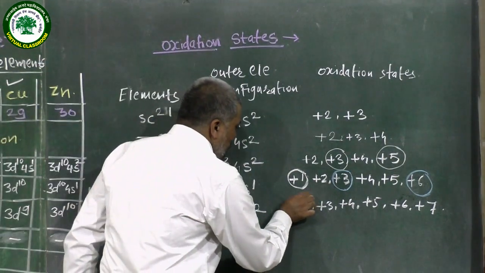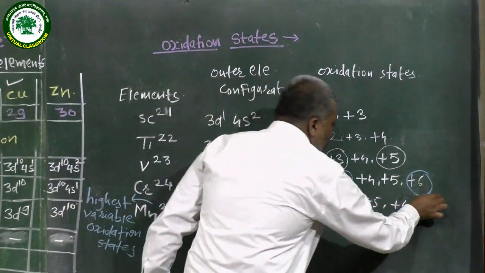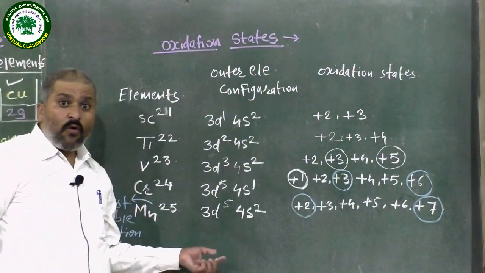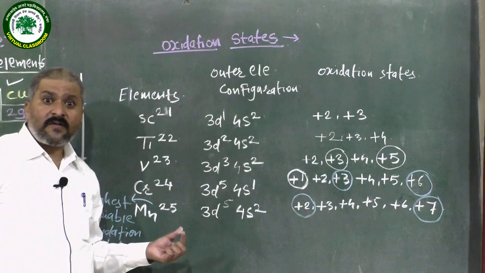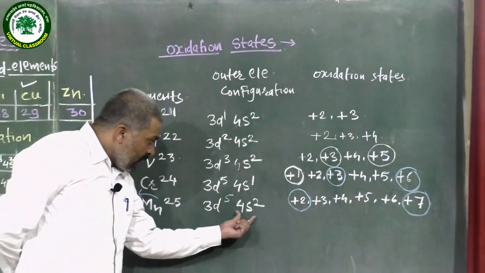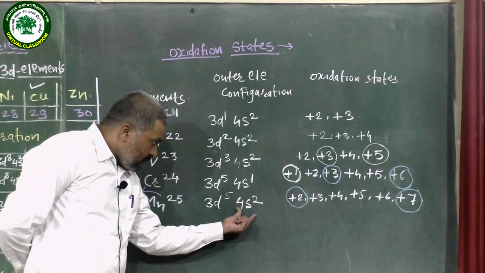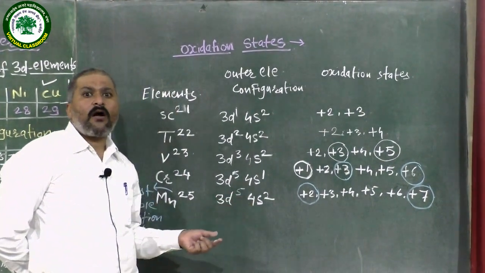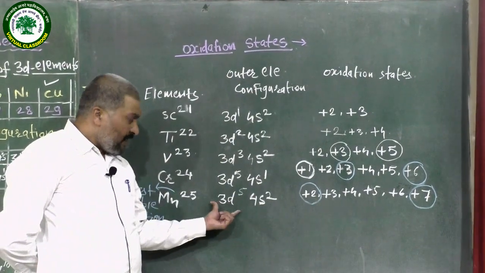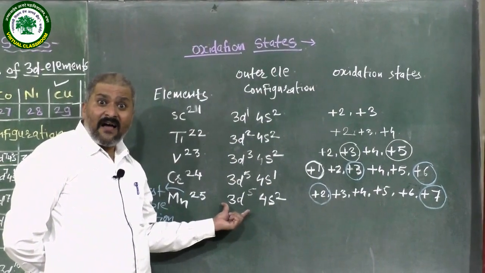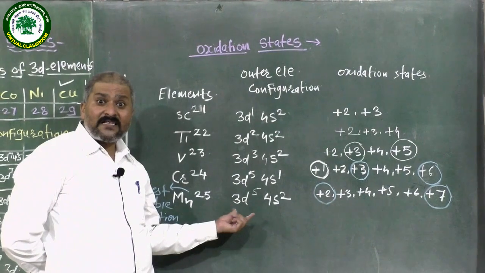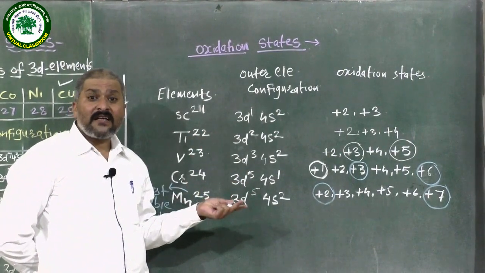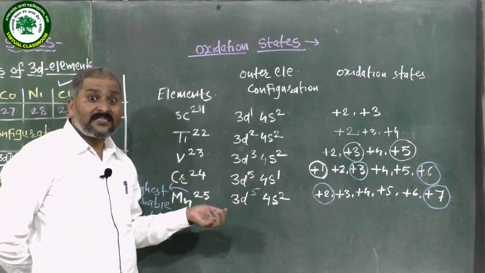Here in case of manganese, +2 and +7 are the most stable oxidation states. See here, why are +2 and +7 the most stable oxidation states? When the 2 electrons from 4s take part in the bonding, the electronic configuration is 3d5, and we know that when the electronic configuration is half filled or completely filled, then that element attains extra stability.